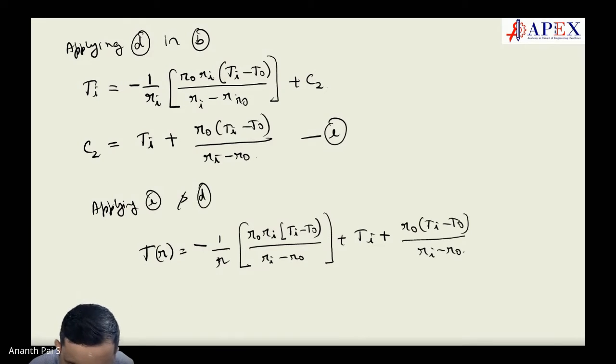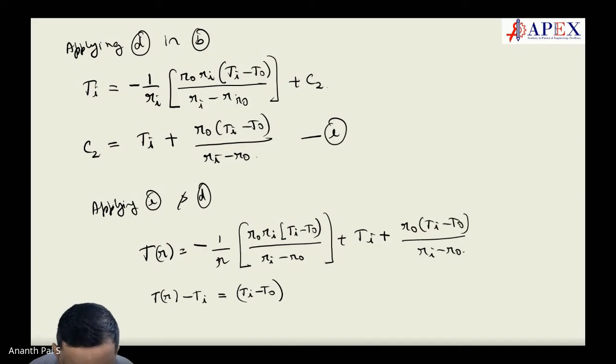Let us take this Ti the other way around. So we'll get T of R minus Ti is equal to, let us take R naught outside and R naught minus Ri outside. So if I do that, what I'll get here is Ti minus T naught.